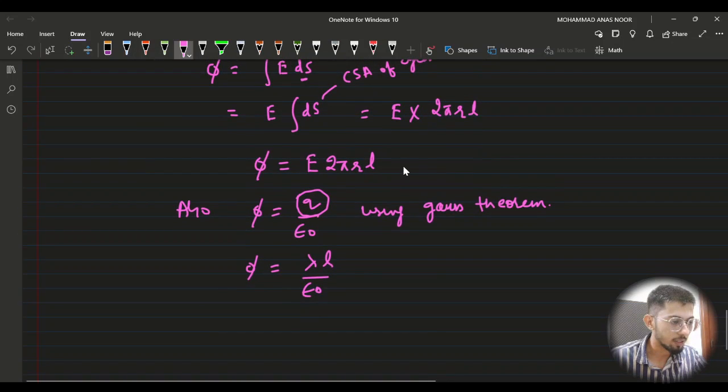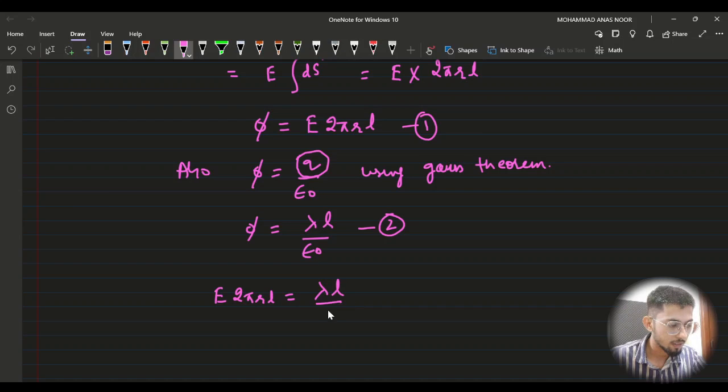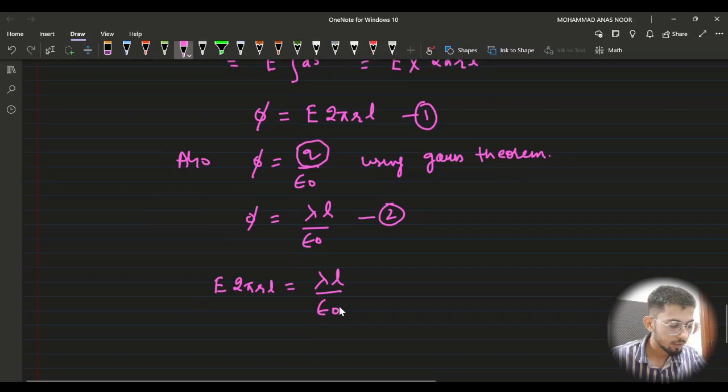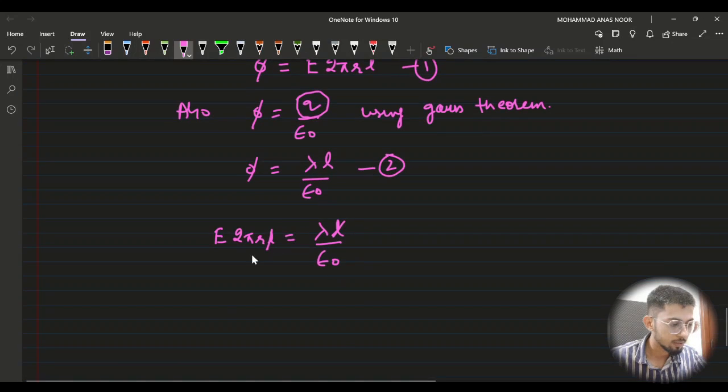Now this is the first equation, this is the second equation. You can equate the two of them. So E into 2 pi r L is equal to lambda L upon epsilon naught, and you can see L cancels out. Can you find E from here?